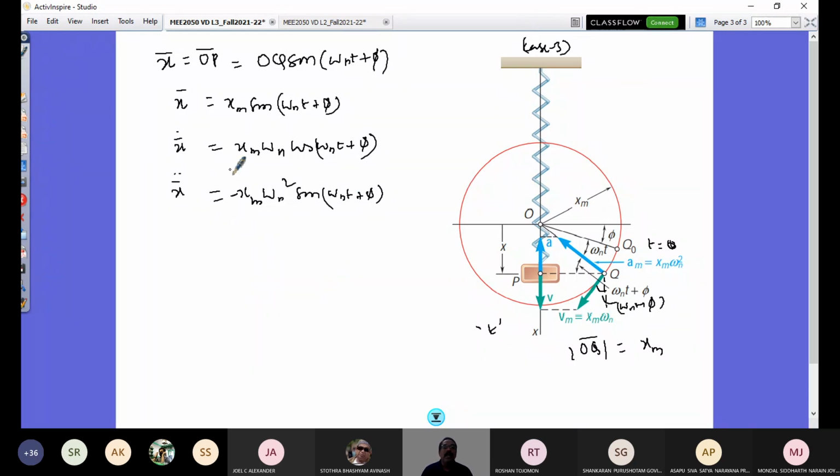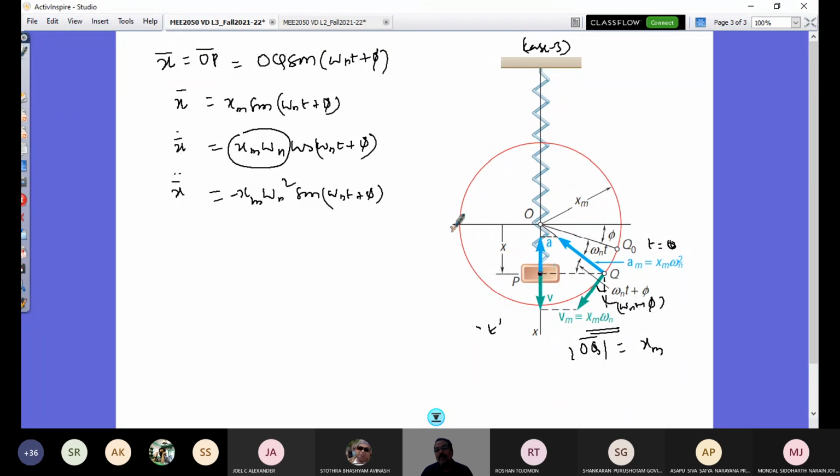Now you see here the coefficient xm omega n is the amplitude of the velocity vector, and it is directed tangentially on the circle. If I project this velocity vector here, for the mass the velocity vector is down.